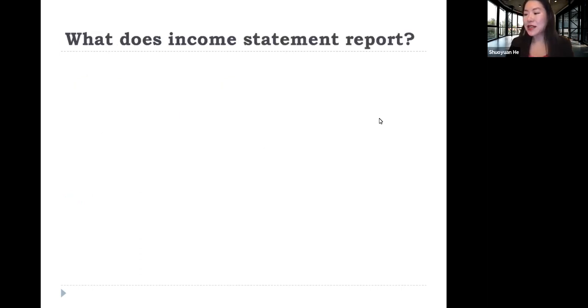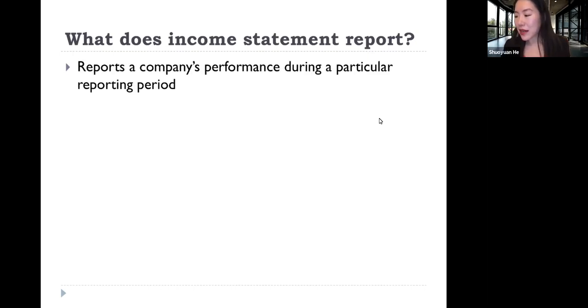So let's first look at what does income statement report. Income statement reports a company's performance during a particular reporting period. So in this definition, there are two key items here. The first key of this definition is income statement reports a company's performance.